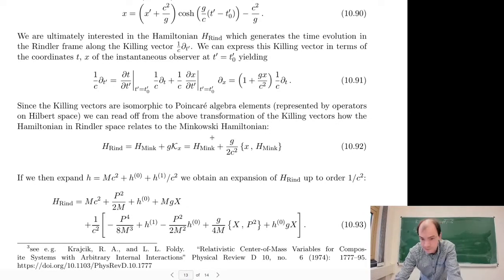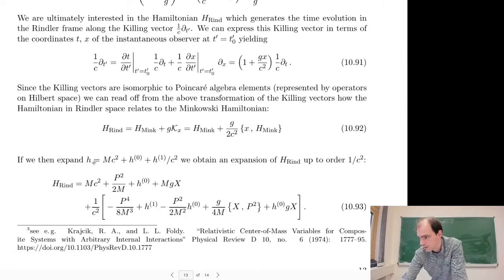So what happens is that we can argue that in Rindler space the Hamiltonian must then be just the Minkowski space Hamiltonian plus this anticommutator of position and Minkowski space Hamiltonian times g divided by 2c squared, where g is the acceleration in this metric.